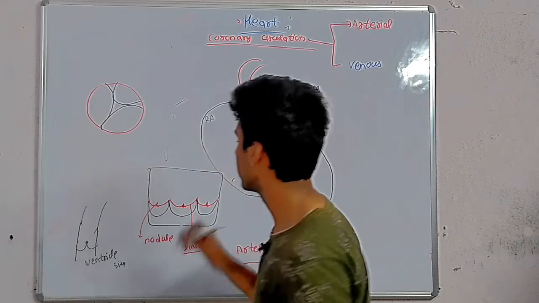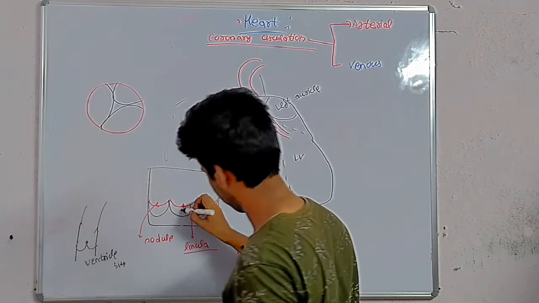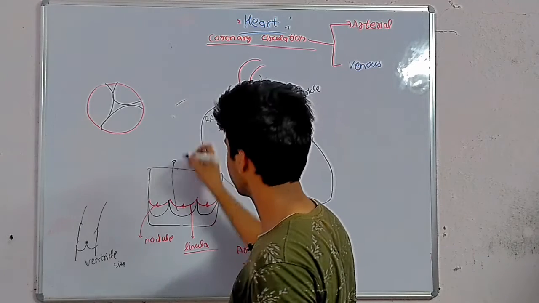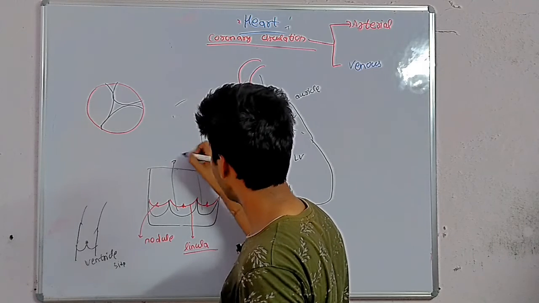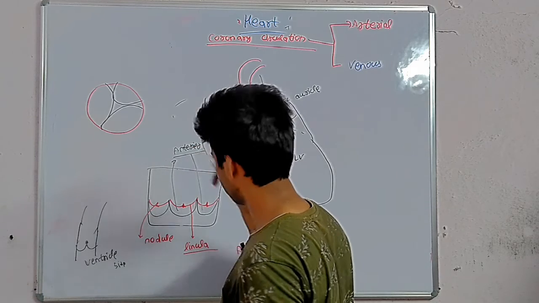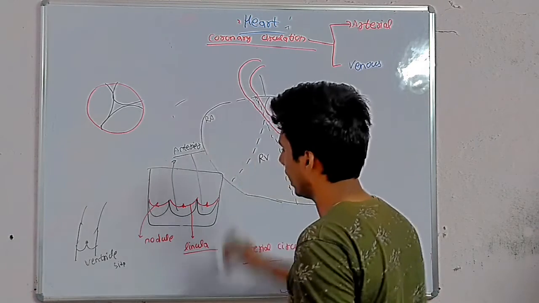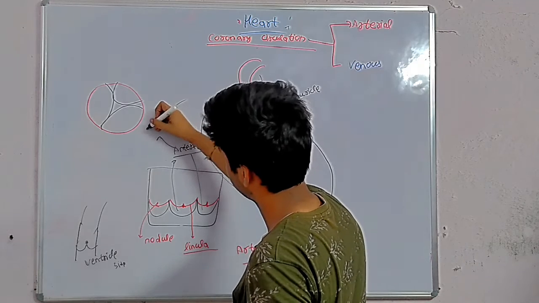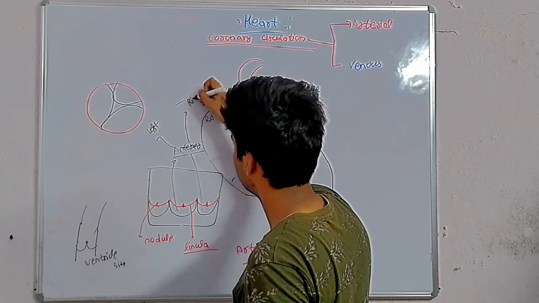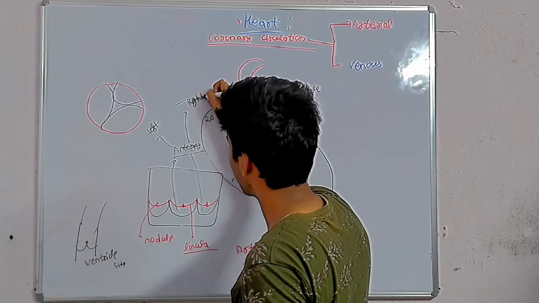These are three cusps. Two are anterior and one is posterior. Anterior means left and right, and the third is the posterior cusp.